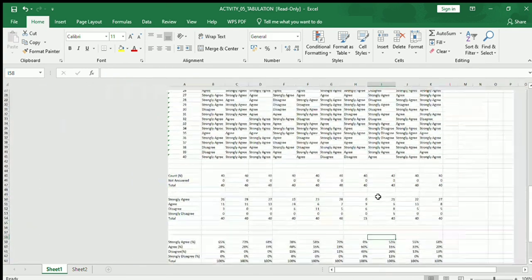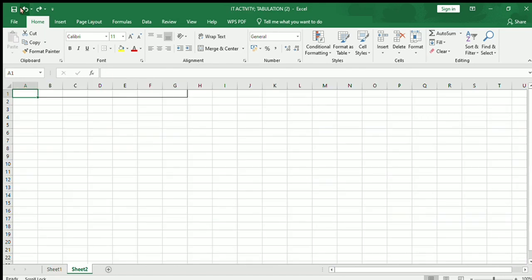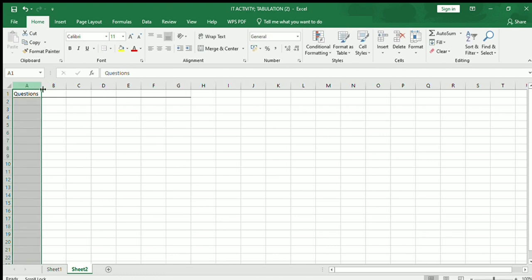Next, we will make a graph. When we make a graph, we still have to put the data: the questions, the answers, the percentage of each response of the respondents, the percentage of strongly agree, the percentage of agree, the percentage of disagree, and the percentage of strongly disagree.